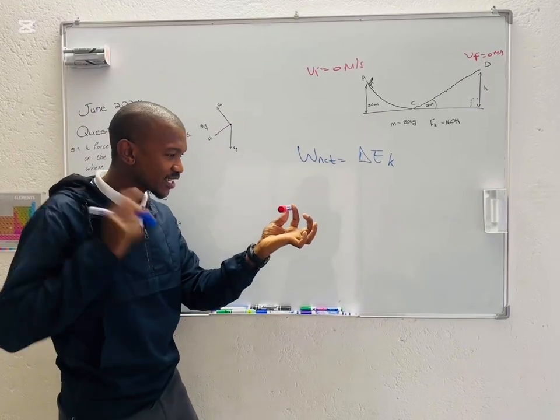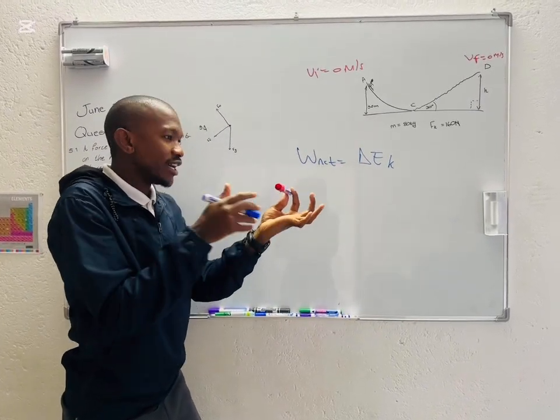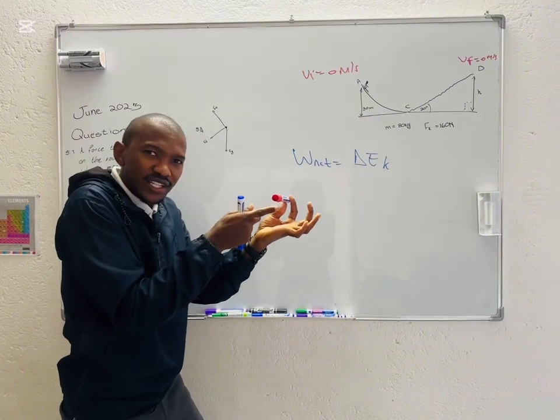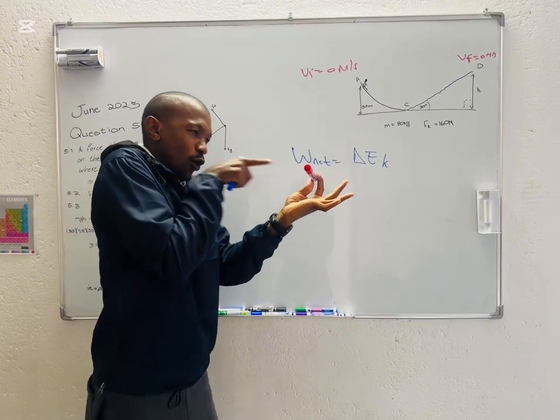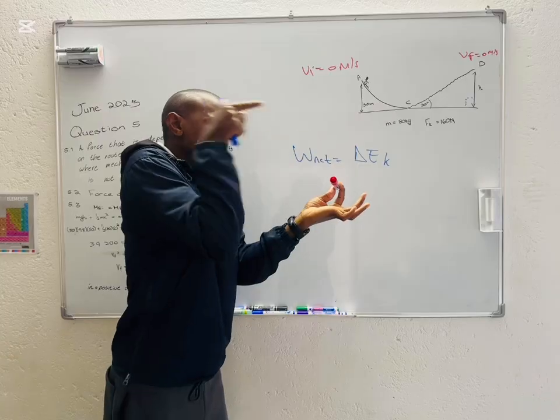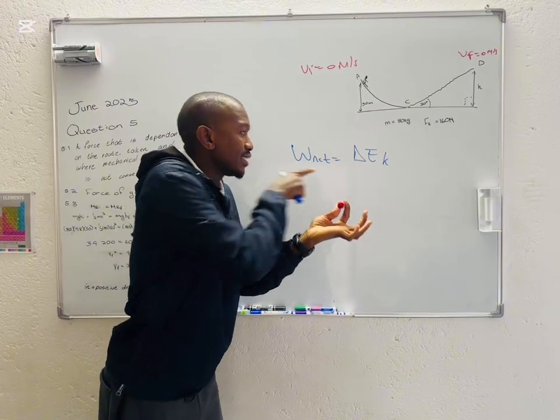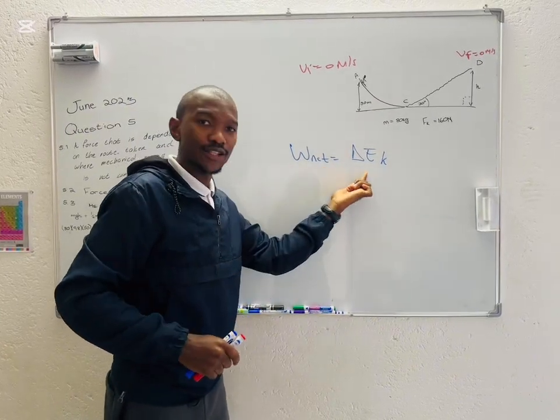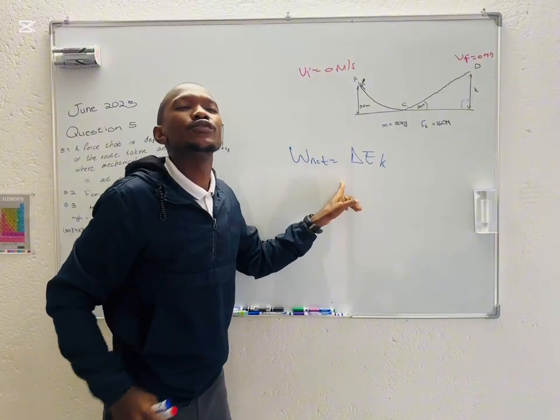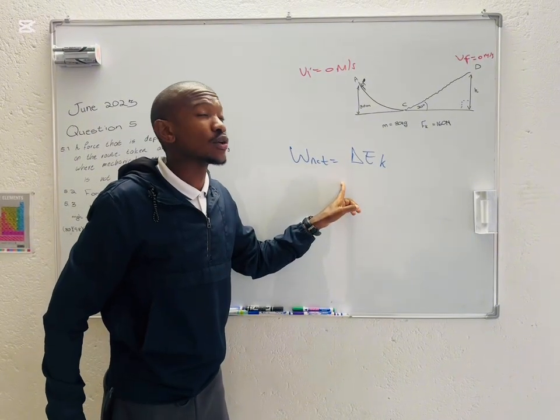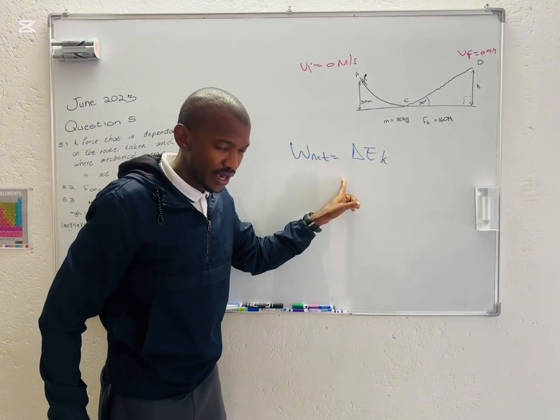If I'm applying a force on an object, and there is also another force experienced by the object, the net work done on this object equals the change in its kinetic energy. That is what we call the work-energy theorem. You can only use this formula if there are no non-conservative forces. Are we together?